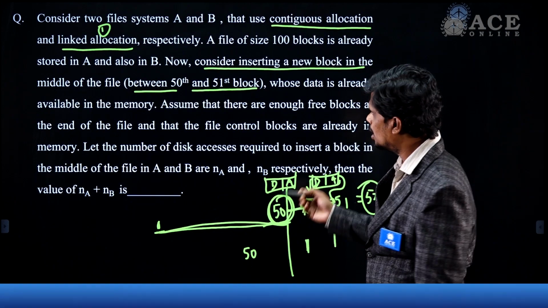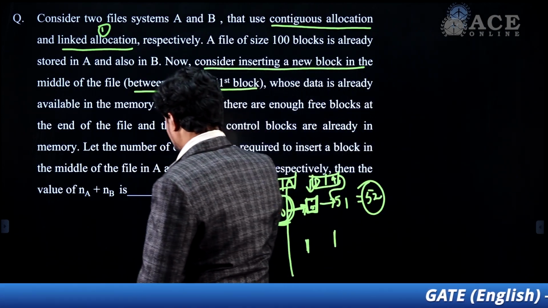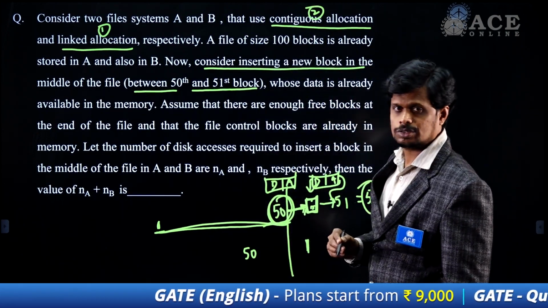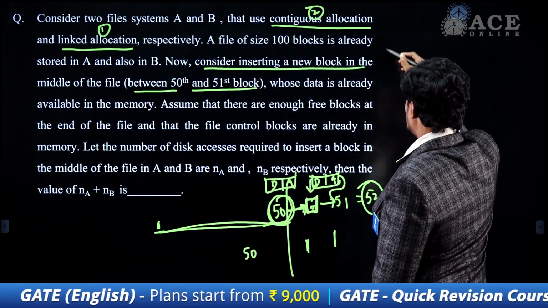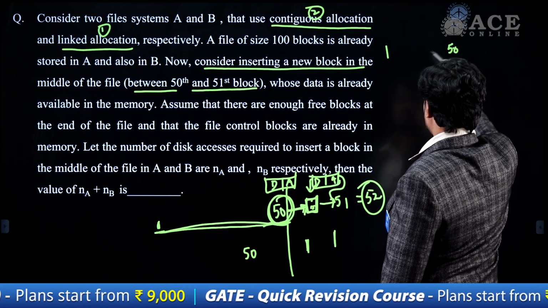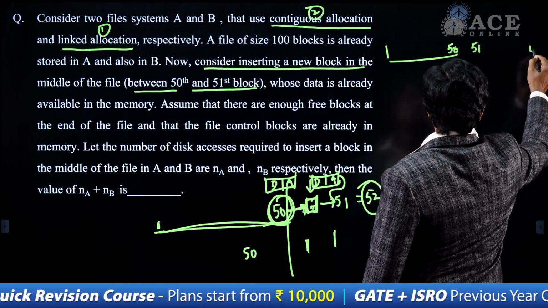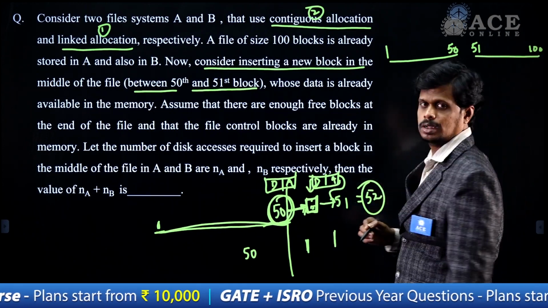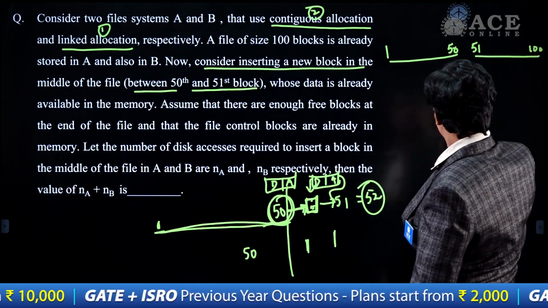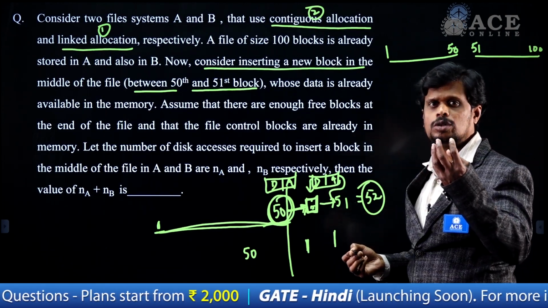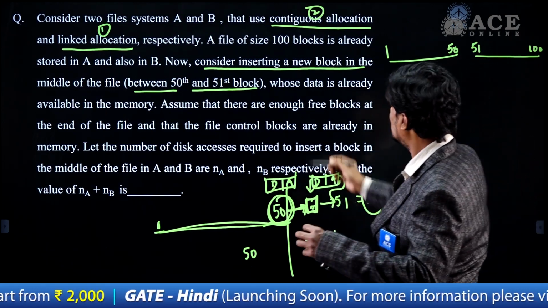And coming to contiguous allocation, first we have blocks 1 to 50, then we have 51 to 100, so a total of 100 blocks, right? Then between 50 and 51, I need to insert a new block.